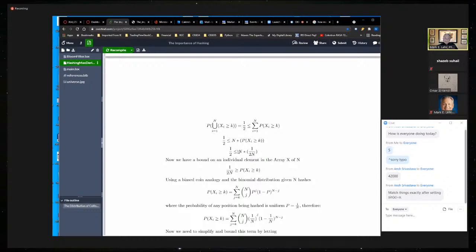So 1/2 is less than or equal to n times something. And if you look at the something, well, this has to be 1/(2n). So now I've got a bound on the individual component. And if I can keep the individual component to that or less, then I will have met all the conditions. It's just a way of estimating, okay?